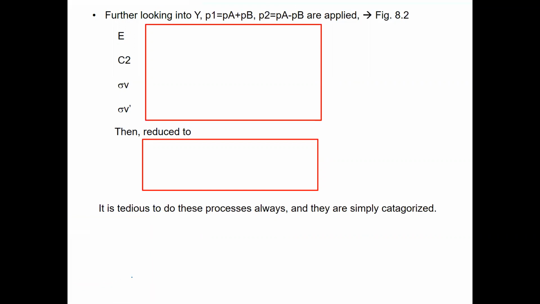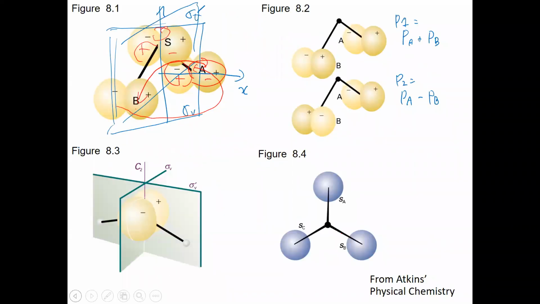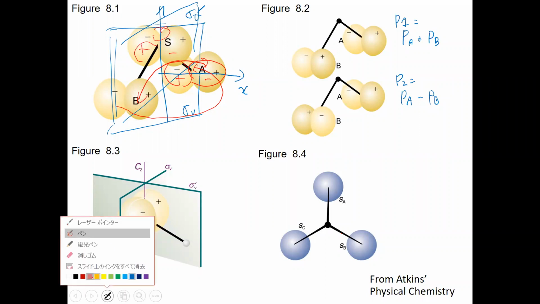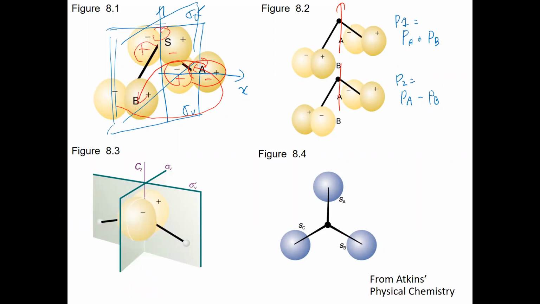Obviously, applying E to P1, P2 doesn't change anything. So the transformation matrix is 1, 0, 0, 1. Right? When the C2 operation is given, just think about the rotation along the molecular axis, a 180-degree rotation.